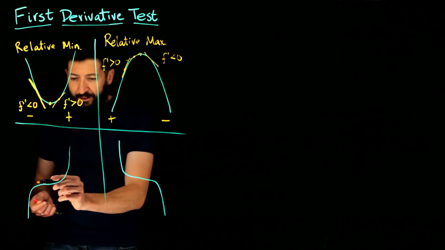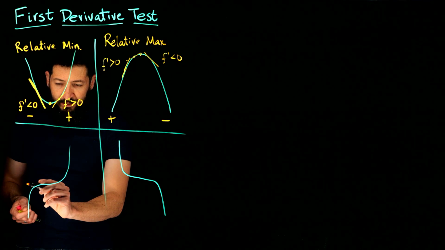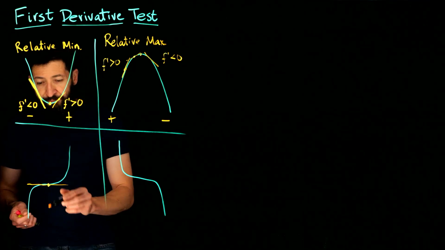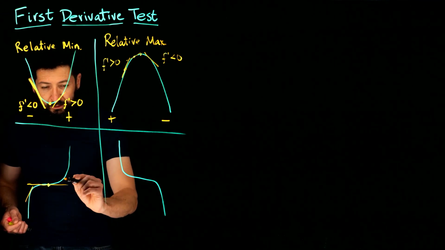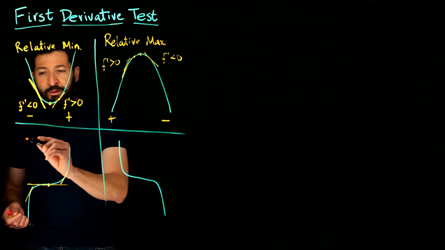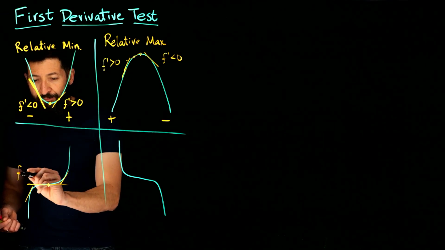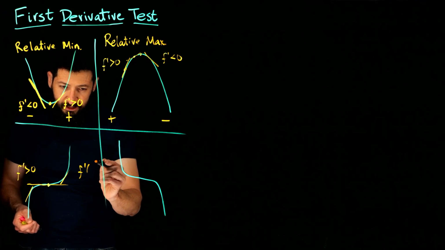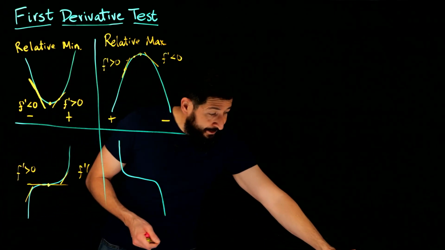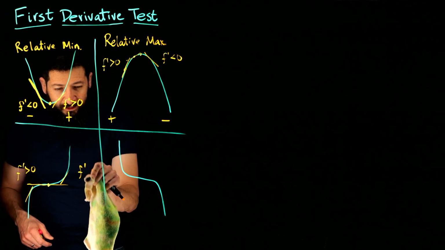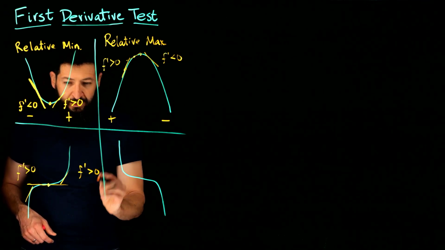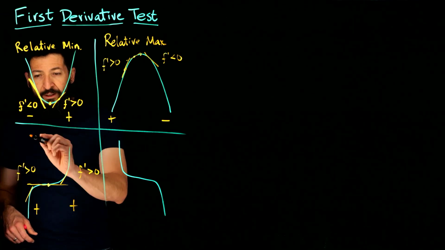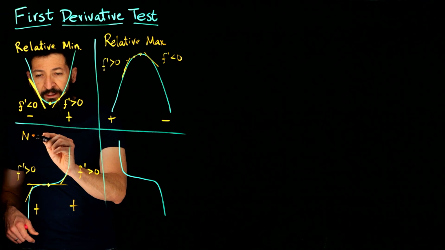Then the next one, this one right here, your tangent line at the critical number becomes 0. However, you're going from positive to positive. So when you go from positive to positive, no parentheses needed, I'm just telling you what the sign will be, then you have that there's no relative min nor a relative max.